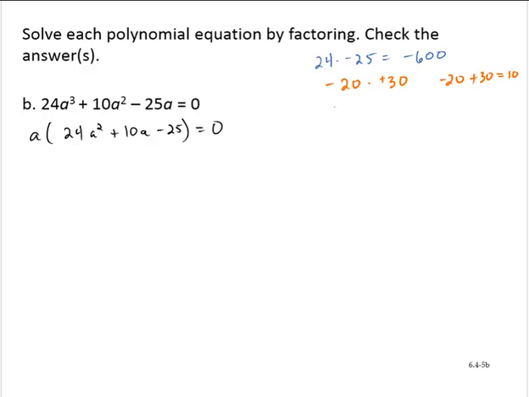Alright, so we have 24a squared minus 20a plus 30a minus 25. And let's do some grouping here.